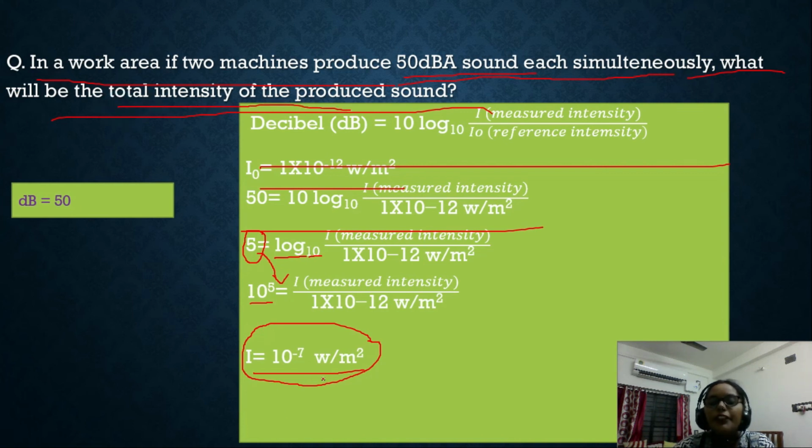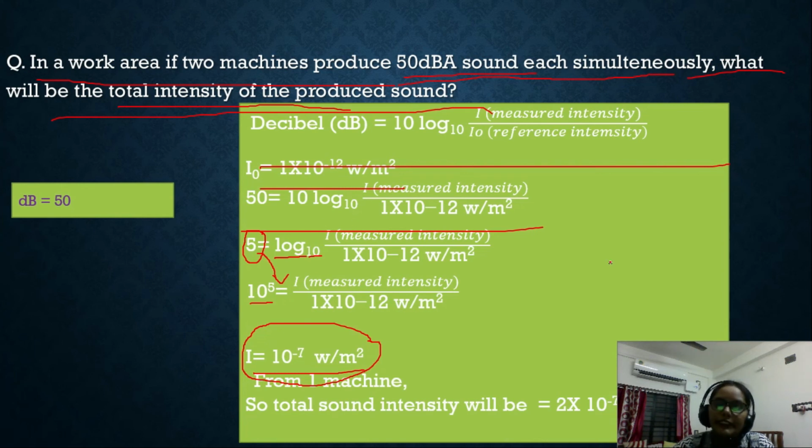That means if we multiply 2 into I, that will give the total sound intensity produced by the two machines, which is 2 into 10 to the power minus 7. Okay, so this is our answer.